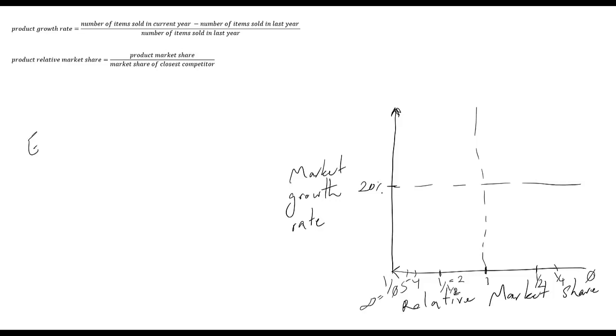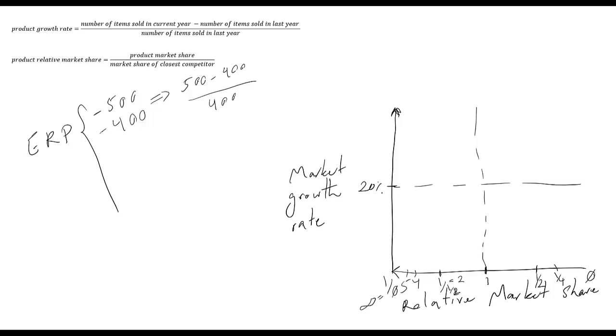For instance, our ERP solution. Consider we sold 500 licenses this year, but last year we sold 400. So the product growth rate of our ERP solution will be 500 deducted by 400, the result divided by 400.